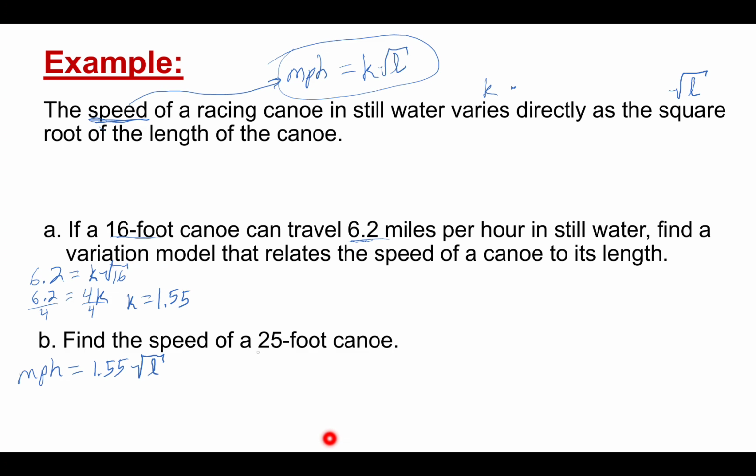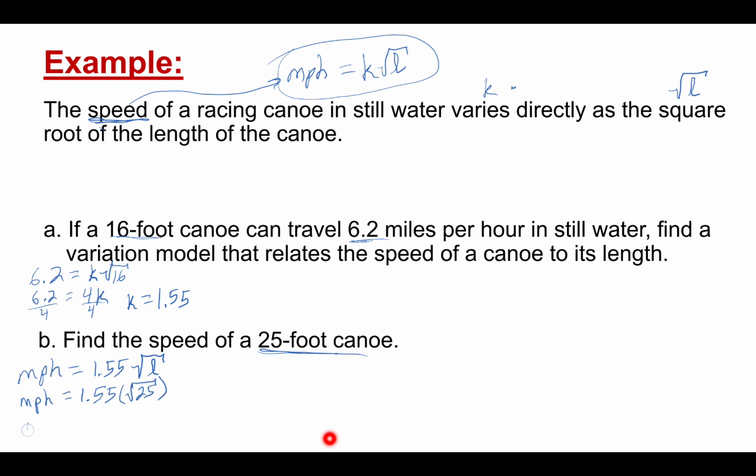So if I want to find the speed of a 25-foot canoe, I'm going to do exactly what you think. I'm going to say, okay, what is MPH of 1.55 times the square root of 25?